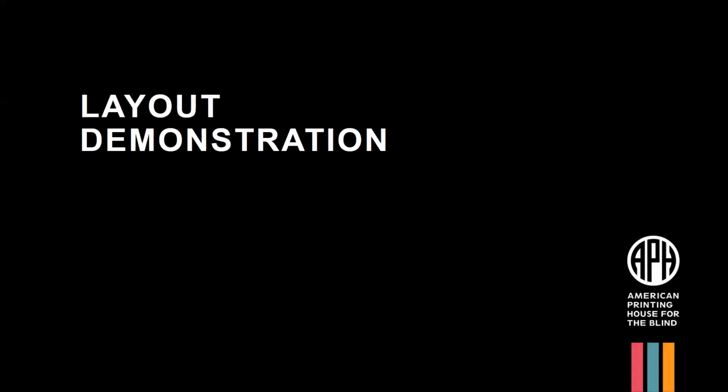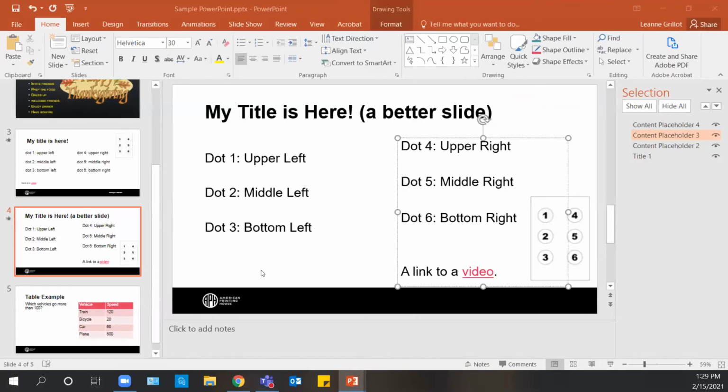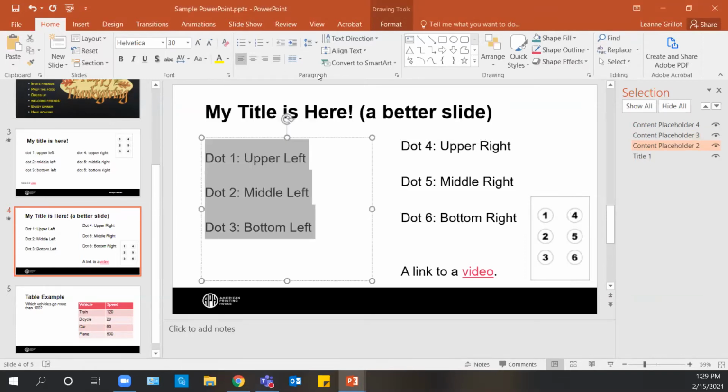Could you just review one more time where the line spacing option is located? Sure. The line spacing option is located under the paragraph tab on the home bar. So the paragraph tab on the home bar.